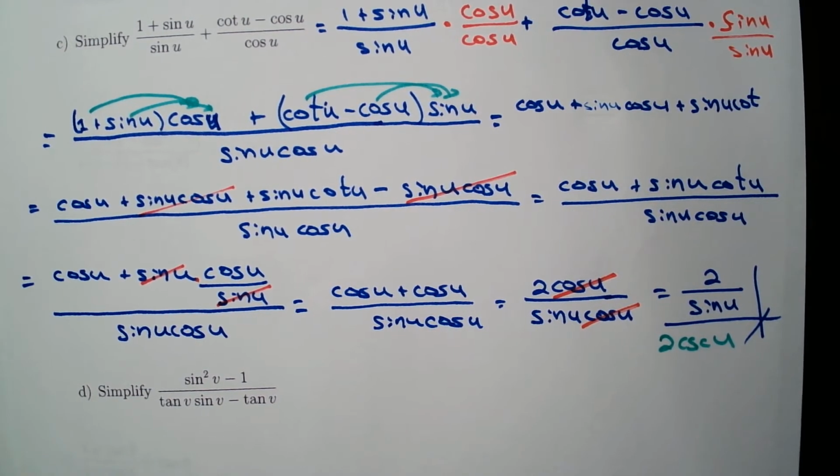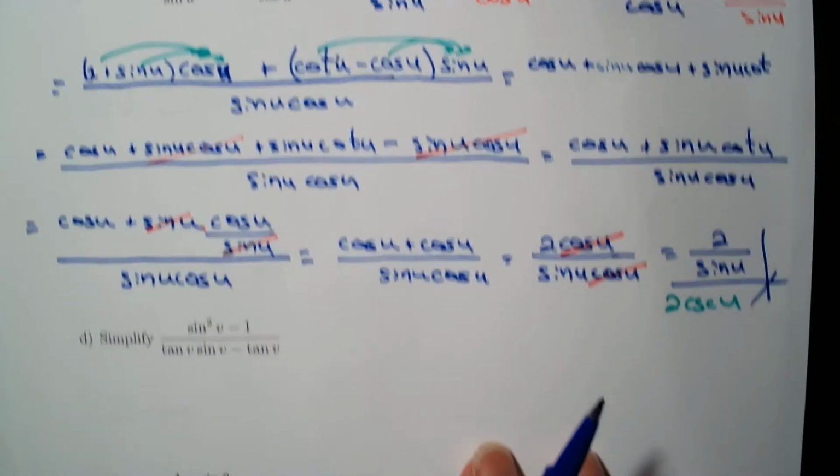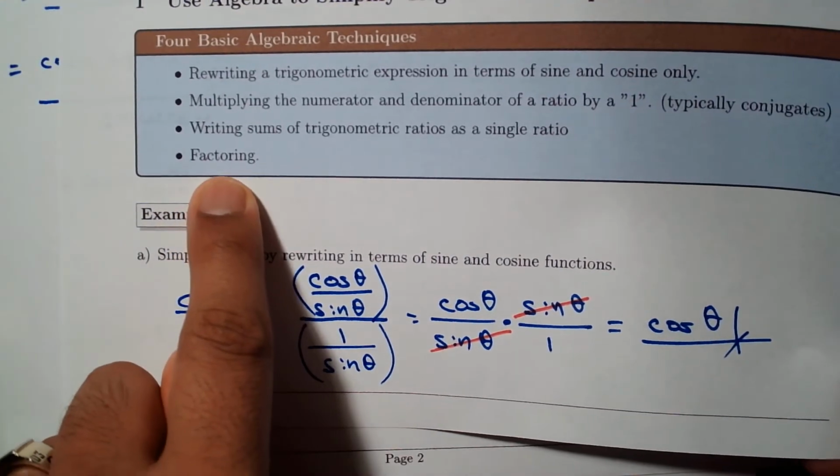Let's look at another example in which we are required to simplify. Sine squared of v minus 1 divided by tangent v sine v minus tangent v. All right, what about it? Well, now we're going to look at a different technique to simplify this. We're going to look at factoring.